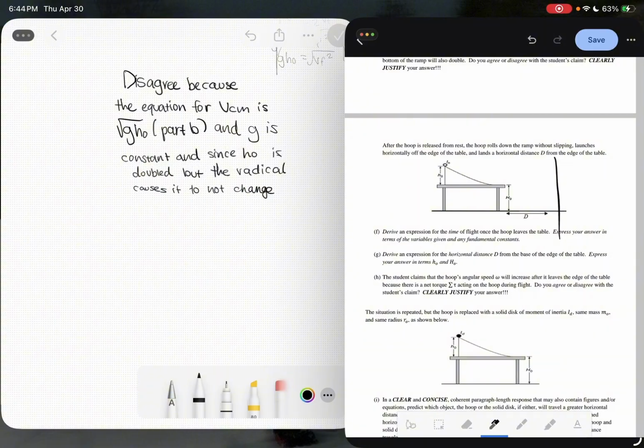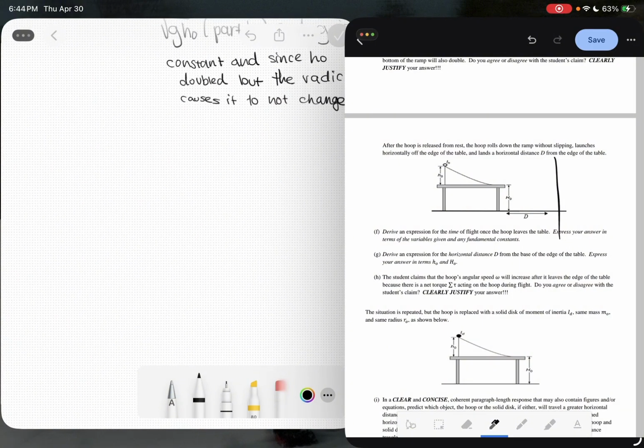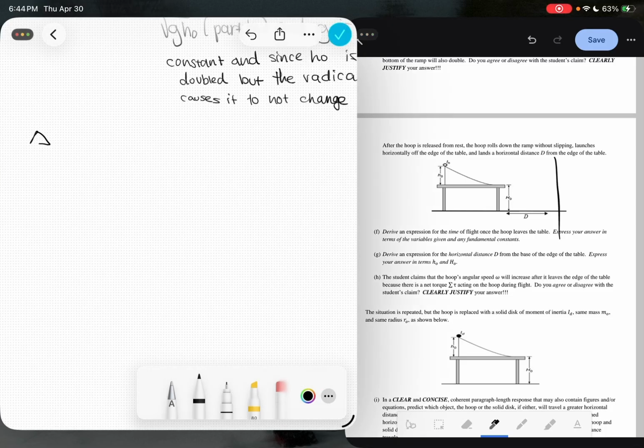For part F, I'm gonna start with delta y equals 1/2 gt squared plus viy t, and since viy equals 0, I'm just gonna cancel this viy out. And this equals H capital naught.